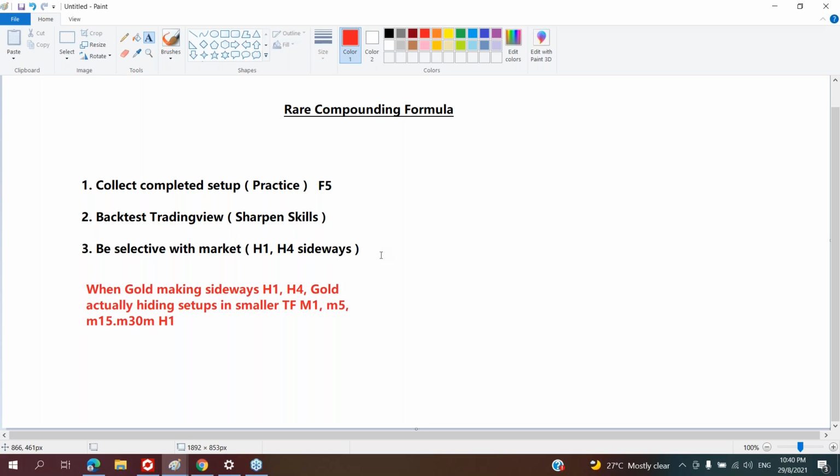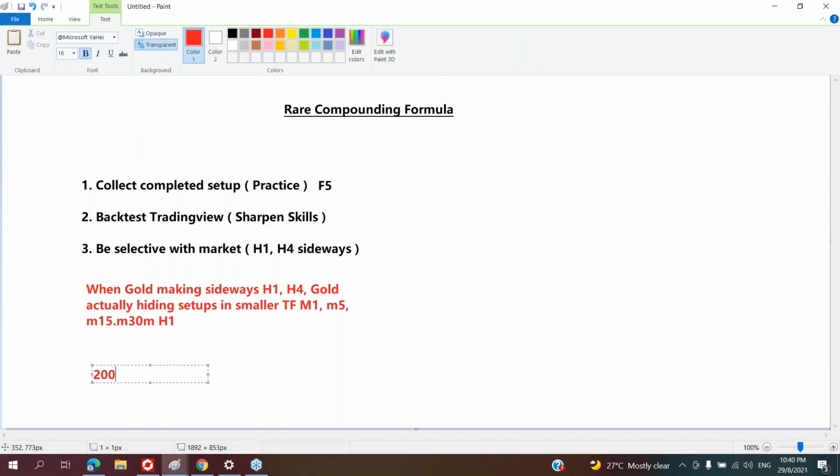If I have $200, I'm going to divide by 600, so I will start with 0.33 lot as my first entry. And this is the rare compounding.